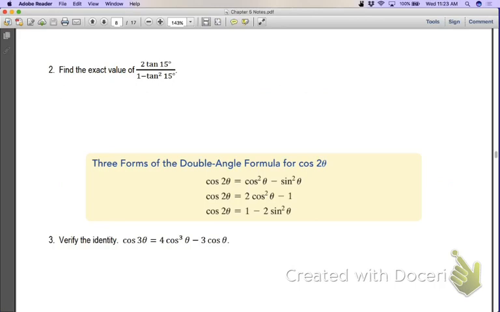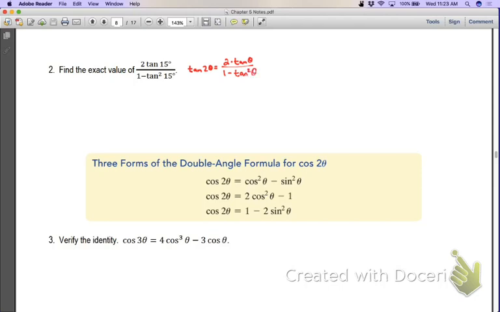Now, with the second example, it says find the exact value of 2 tangent of 15 degrees divided by 1 minus tangent squared of 15 degrees. Don't overcomplicate this. This is just the formula that we already have. Basically, we already have that tangent of 2 theta is equal to 2 times tangent of theta divided by 1 minus tangent squared theta.